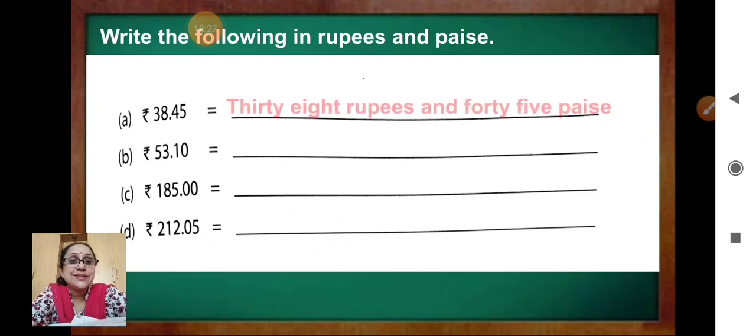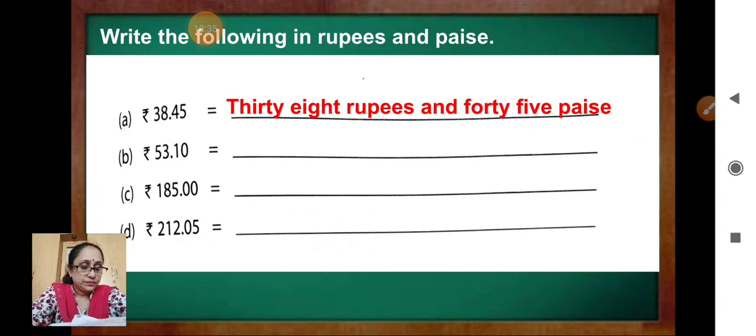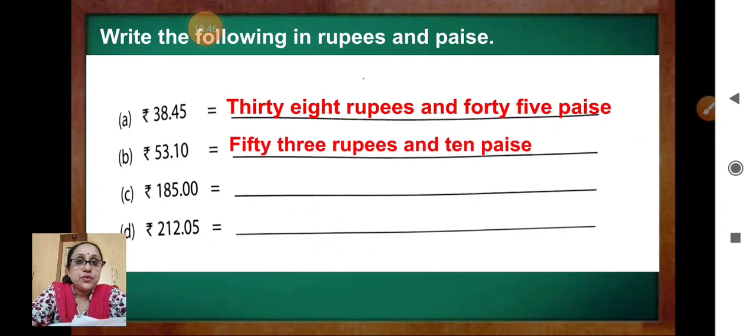How you will write? Like this. Understood? Now question B. It is written rupees 53.10. Try to write 53 rupees and 10 paise.